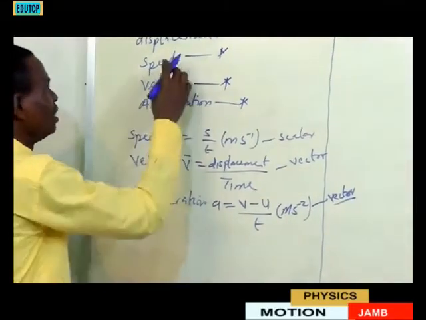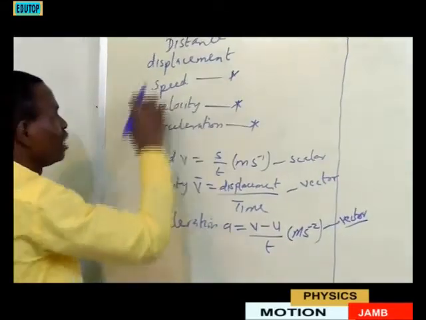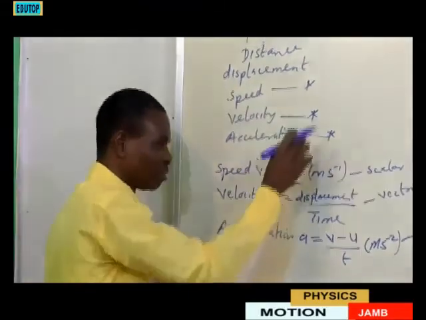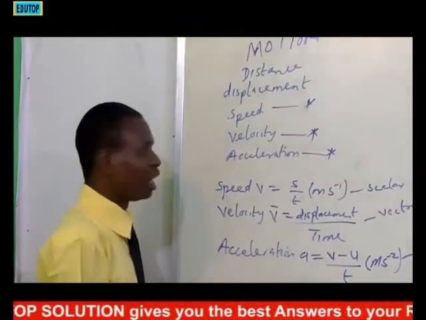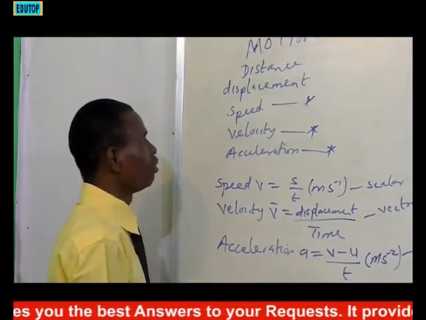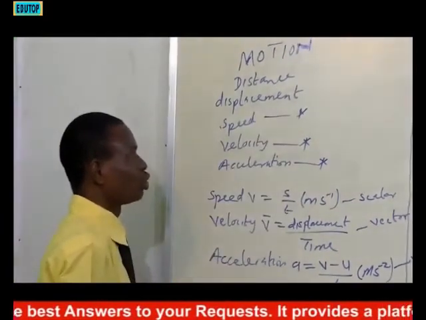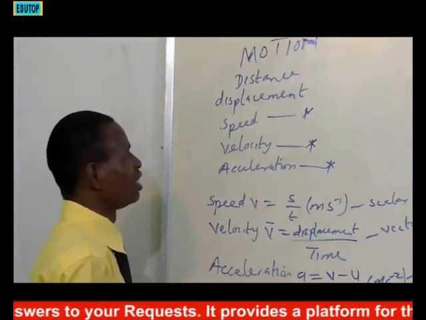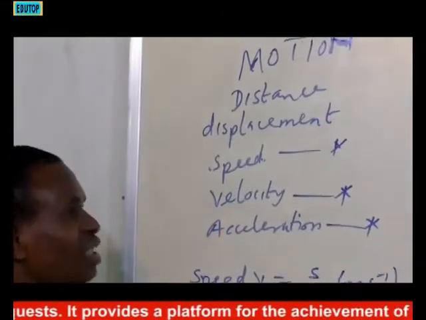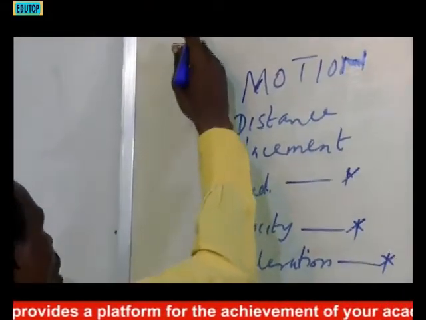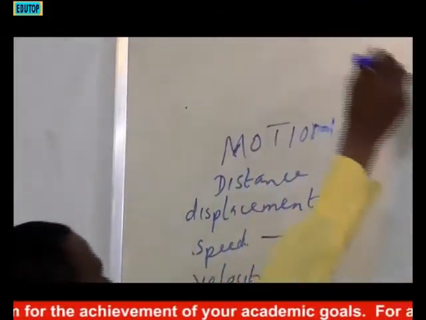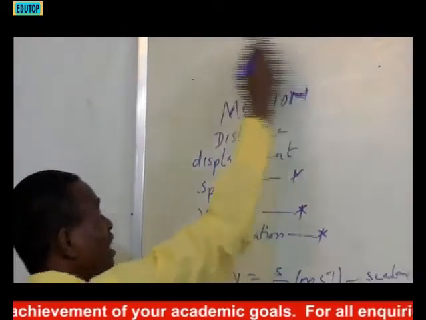So that is how you can differentiate between speed, velocity, and acceleration. Let's take note of that. For displacement also, displacement is just the distance traveled in a specified direction. Then distance is just the movement of the body from one point to another point, especially on the Cartesian plane.